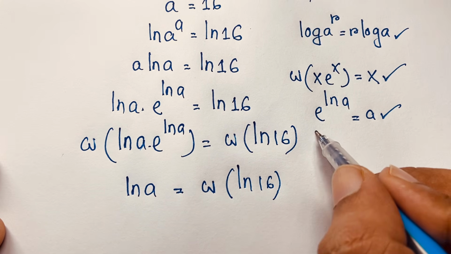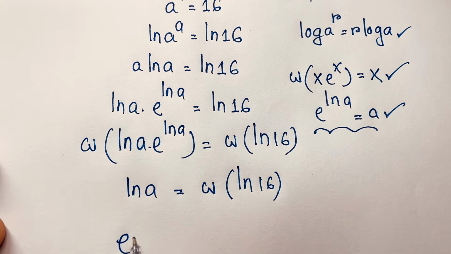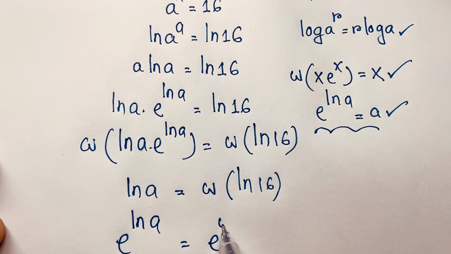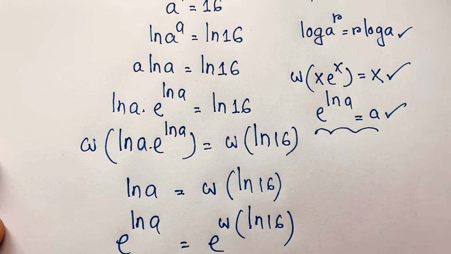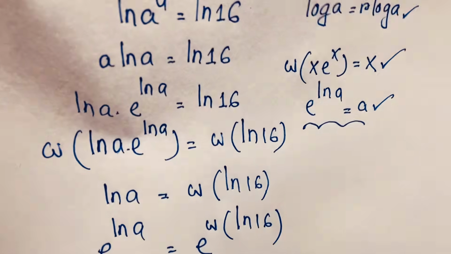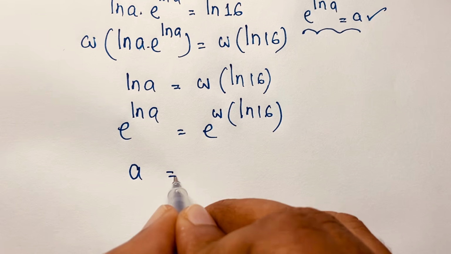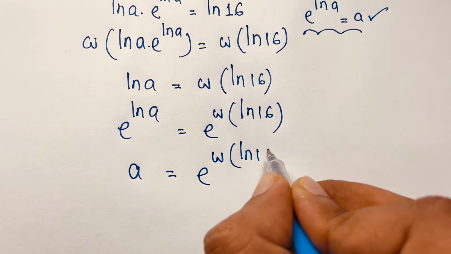We know that e to the power ln a is equal to a, so I use e on both sides: e to the power ln a is equal to e to the power Lambert W function ln 16. Now you can say e to the power ln a is equal to a, but the right side is e to the power Lambert W function ln 16.